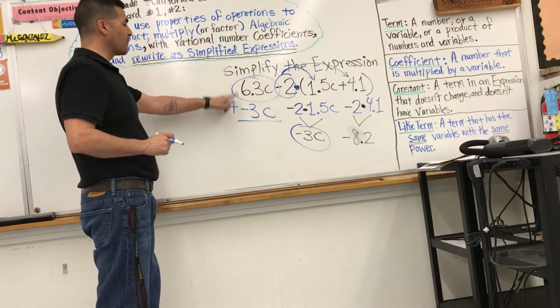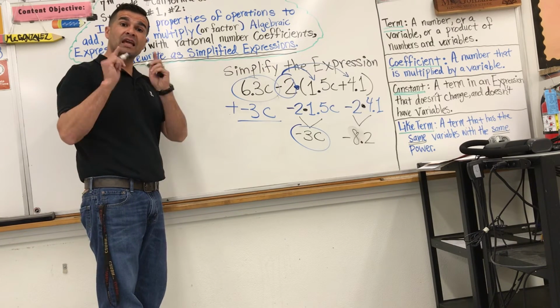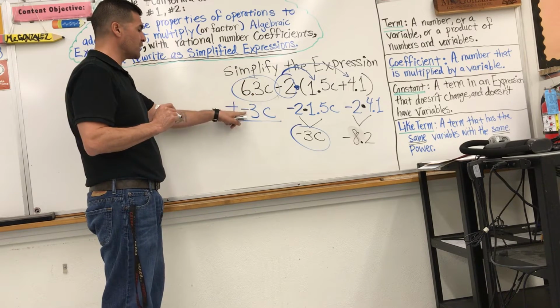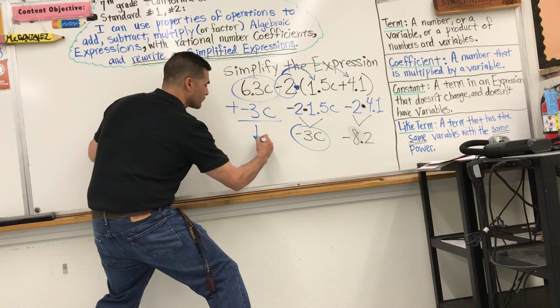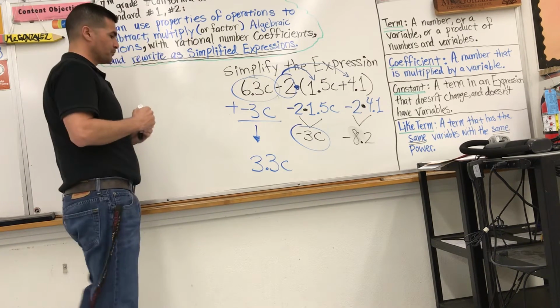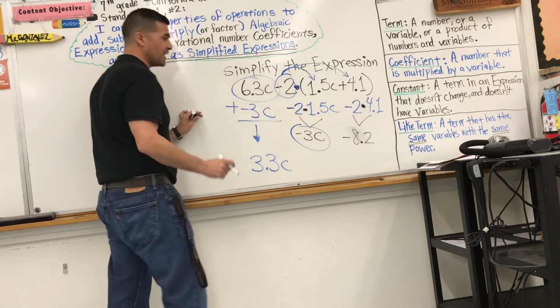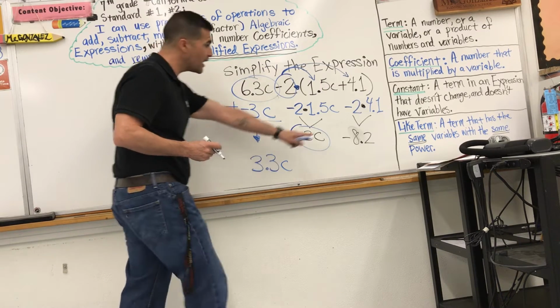You're allowed to combine them, and in mathematics, combining means to add if they're like each other. So we're going to add 6 3/10 c to a negative 3c. That's going to give you a positive 3 3/10 c.